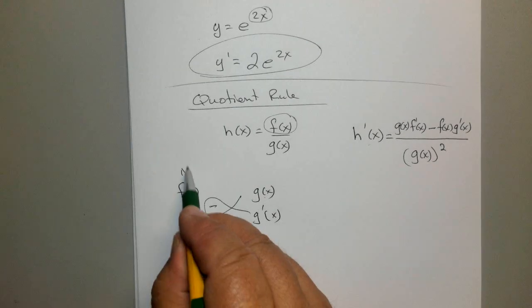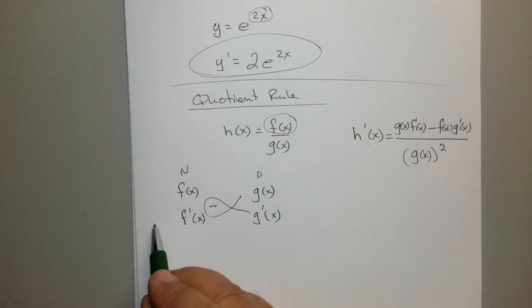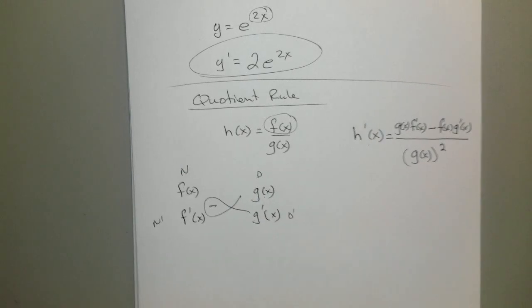So list your numerator, your denominator, and the derivatives of them. And then do the fish, you'll never go wrong. You just have to remember, if it's a product rule, you have to add them. If it's a quotient, you subtract them.